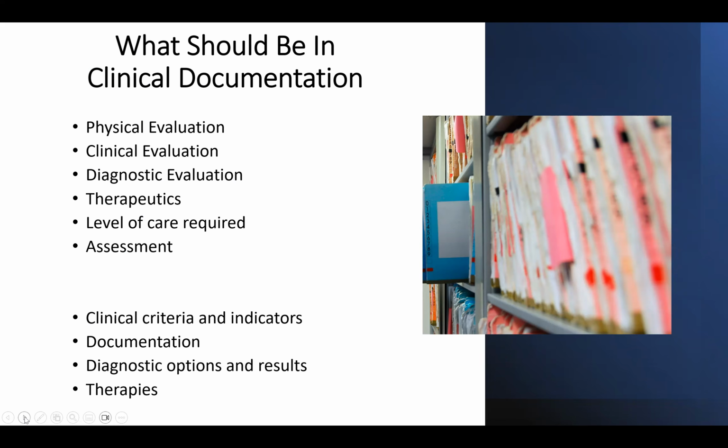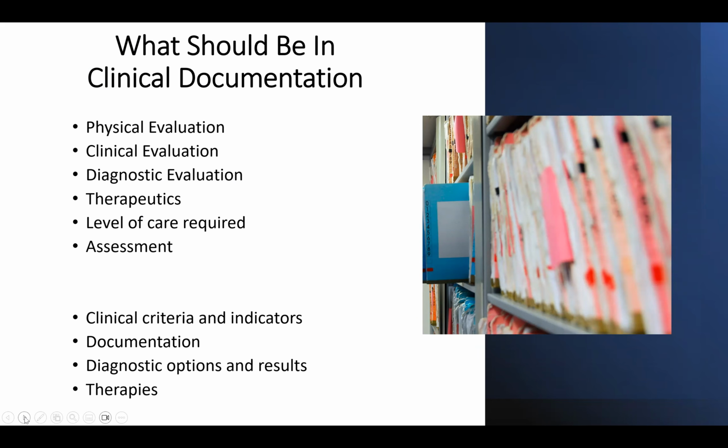The level of care required, okay, that should certainly be included in the documentation. And assessment, okay. The treating or attending provider is responsible, in that particular instance, for providing their assessment, updating an assessment, what have you.